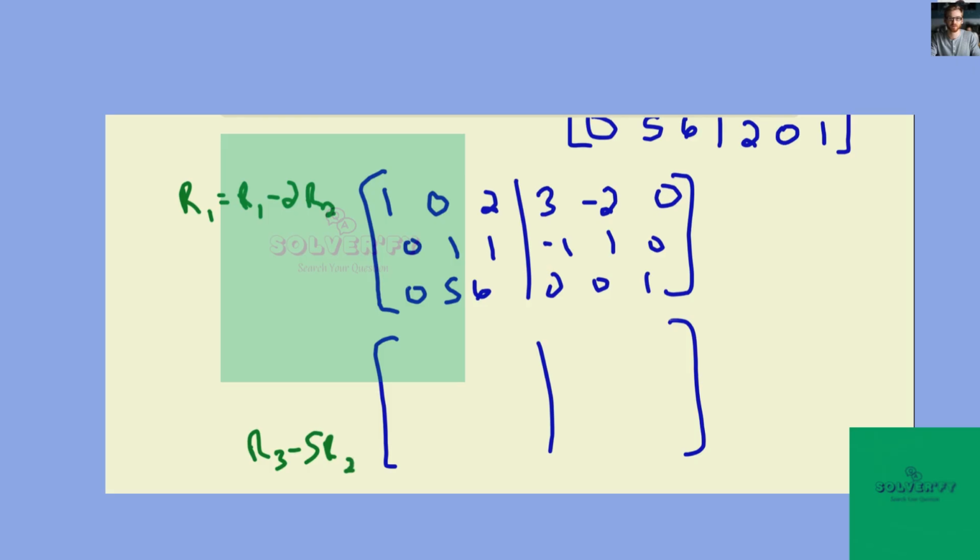Then that'll be 0 minus 0, 5 minus 5, that's our 0, 6 minus 5, 0 plus 5, 0 minus 5. I see I actually made a little mistake here because I misinterpreted that as a 0, but it's actually a 2, so this should actually be 7. And then 1 minus 0 is 1.